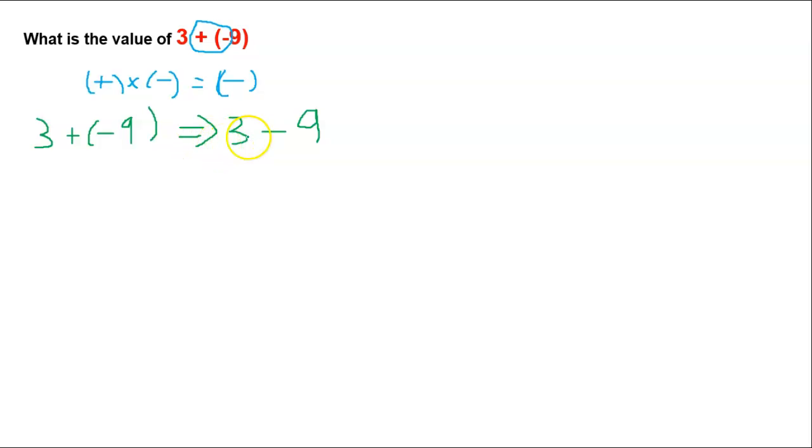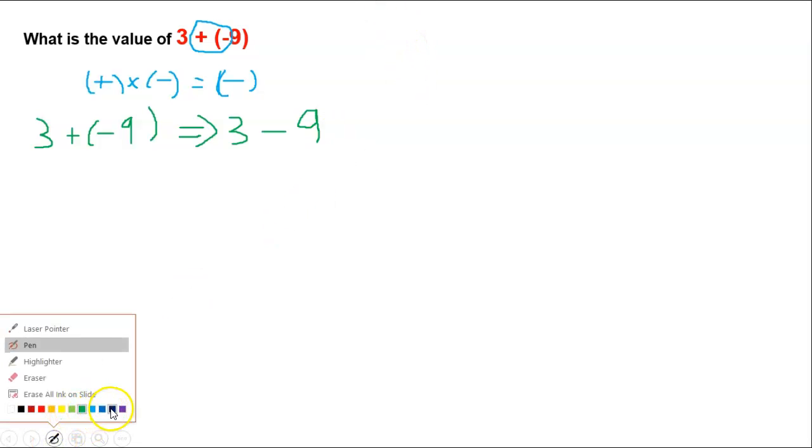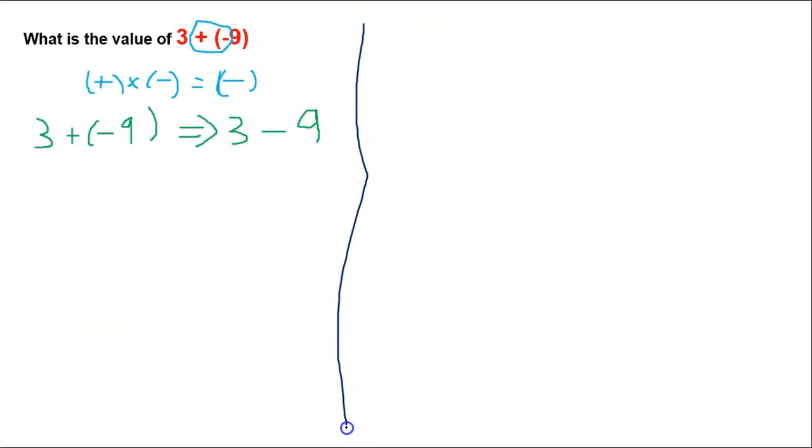Remember from earlier in the video, we said that whenever a larger number is subtracted from a smaller number, the answer will be negative what the answer would have been if the smaller number was subtracted from the larger number. Let me write it here again in case you forgot, in a different color ink.